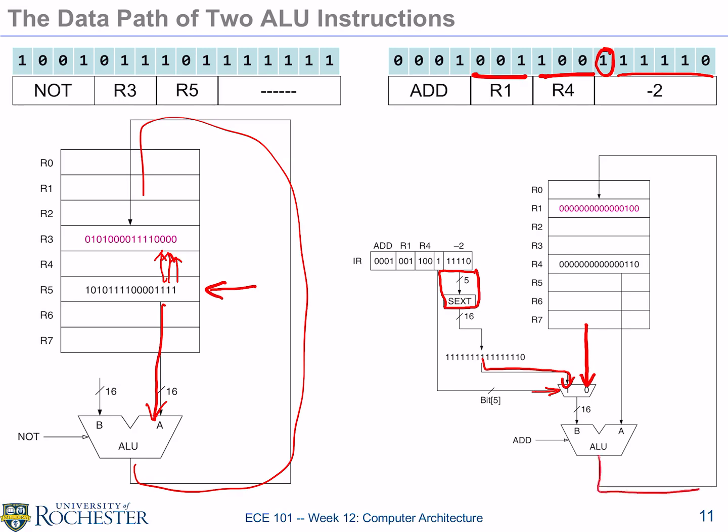Then you add, and of course you pump the result back. Suppose R4 starts with a value of 110, which means positive 6. You have 11110, which is really negative 2. 6 plus negative 2, the result is 4, and that's what you get, in the 2's complement representation of that value for this instruction.